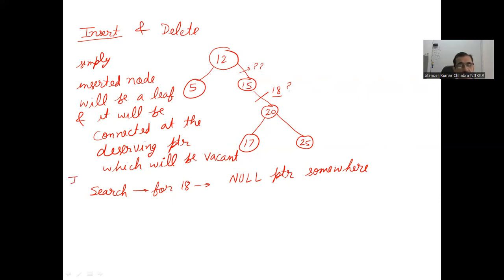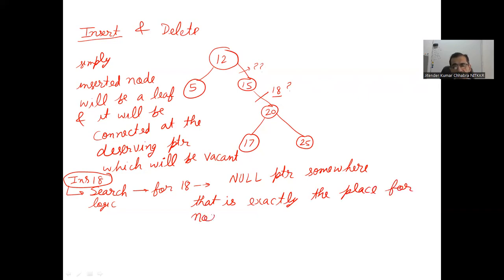So if I am trying to insert 18, the search logic for 18 is good enough to tell me which place it deserves. Ultimately, the null pointer will come somewhere, and that is exactly the place to insert 18. Exactly the place for node 18.